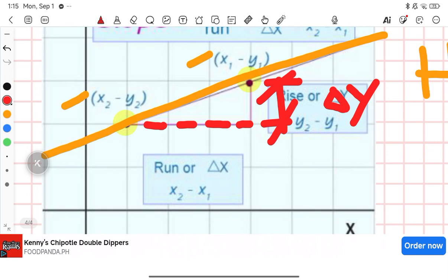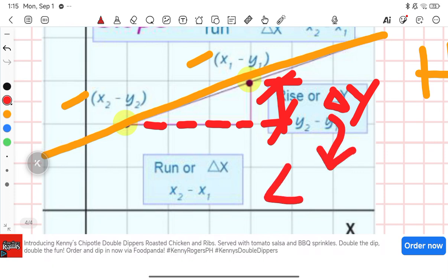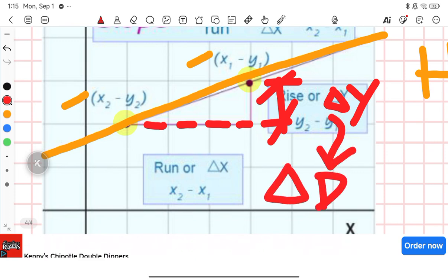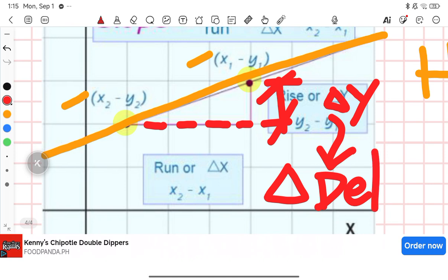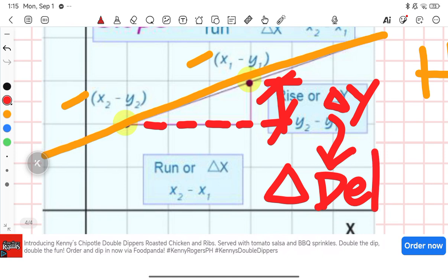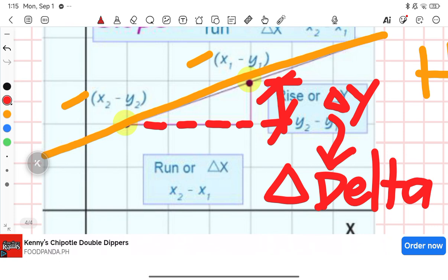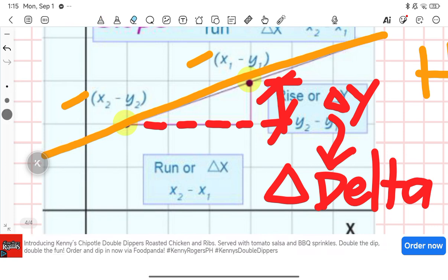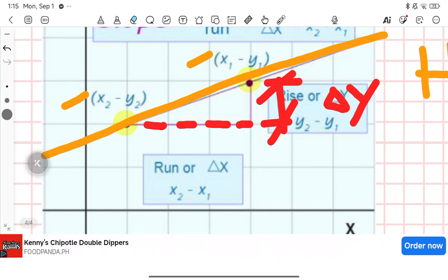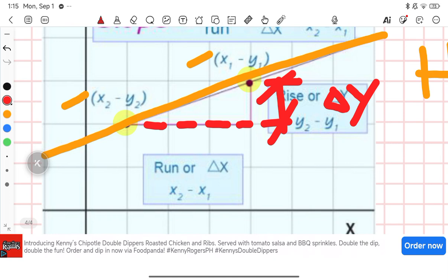By the way, si delta po, ito yung symbol ng delta, ano? That is a triangle na parang delta. Yan. Yung triangle na yan, ang symbol na yan ay delta sa Greek alphabet. Yan. Okay, anyway. So, yan po yung ating rise or height.